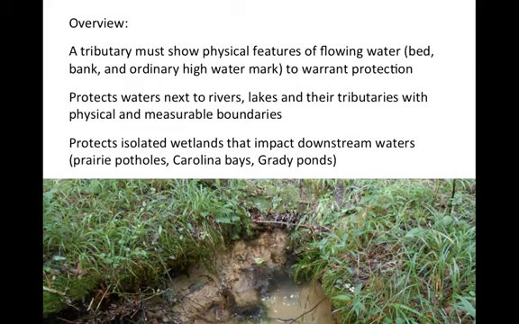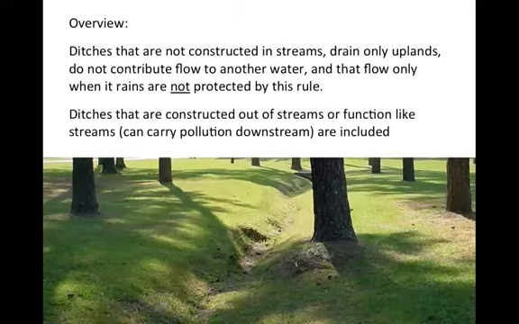Waters that were next to rivers, lakes, and their tributaries had boundaries. There were boundaries set in this Clean Water Rule, and that isolated special areas, special wetland areas like prairie potholes, Carolina bays, Grady ponds would be included as protected. Ditches that were in the uplands and did not connect to a waterway were not part of this rule.